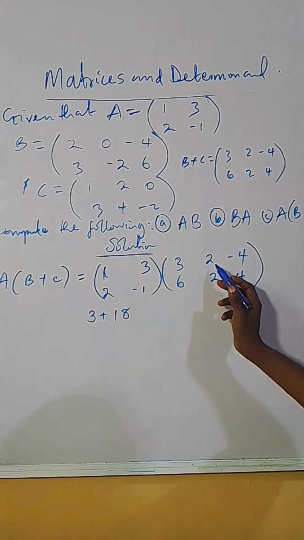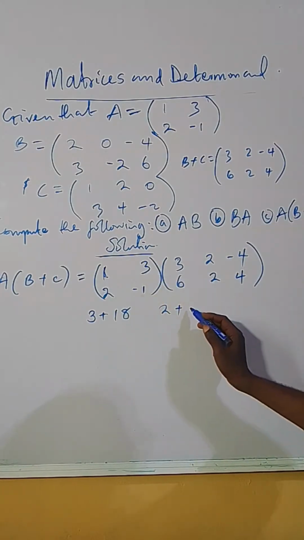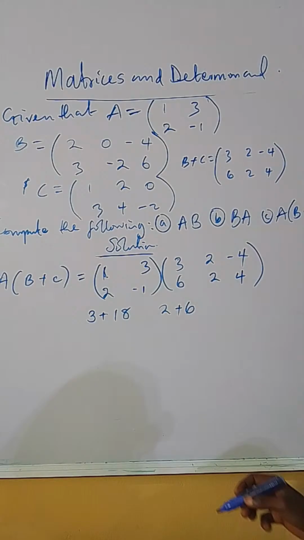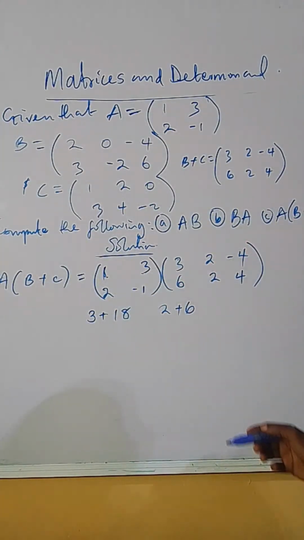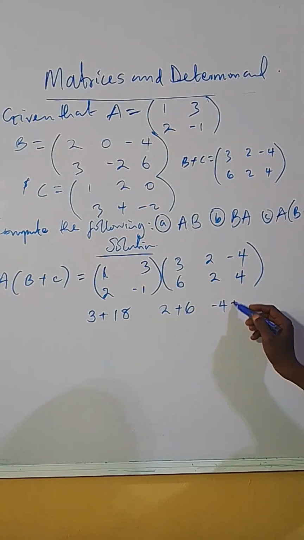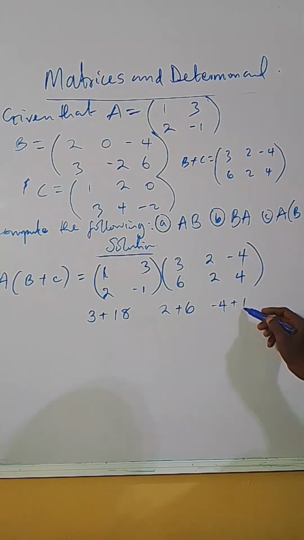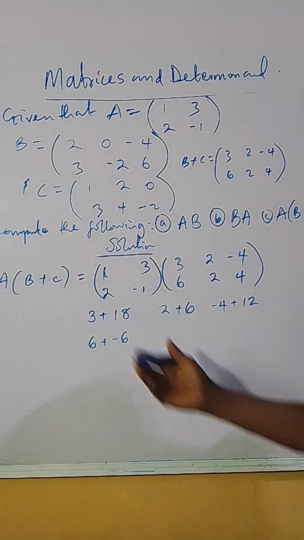So 1 times 2, that's 2, plus 3 times 2, that gives us 6. Also, use it for the next column. 1 times minus 4, minus 4, then plus 3 times 2 gives 6... then plus 3 times 4, that's 12. We are done with this column.